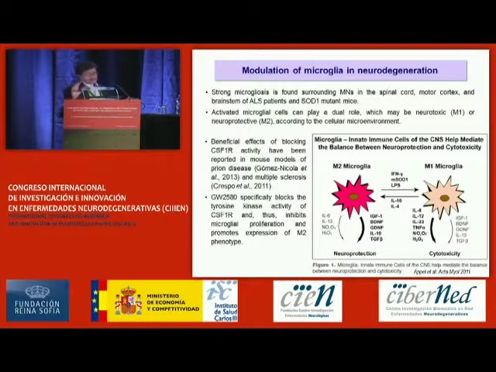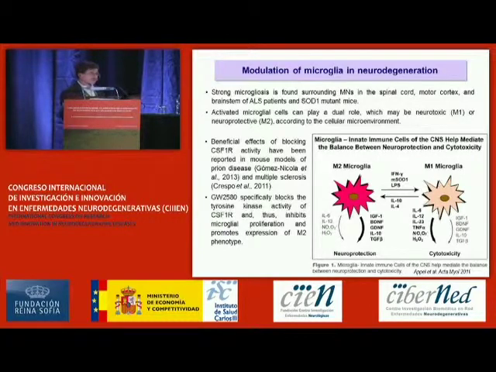So the idea following this third study was that we wanted to be able to modulate, to regulate microglial proliferation and activation, and also try to see if we could make a predominant expression of the M2 neuroprotective phenotype microglia versus the M1. To start in this area of research, we focused on a compound, GW, we are not going to tell, that specifically blocks the activity of the colony-stimulating factor 1 receptor.